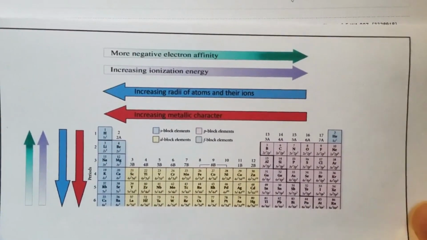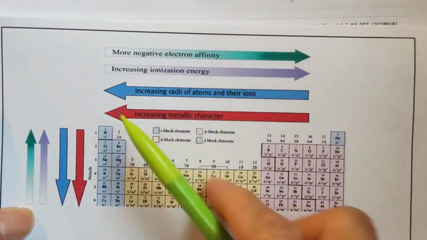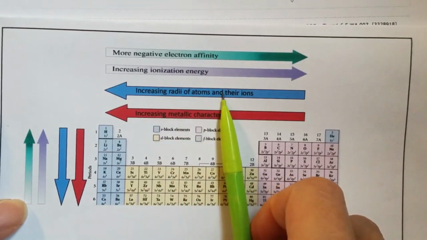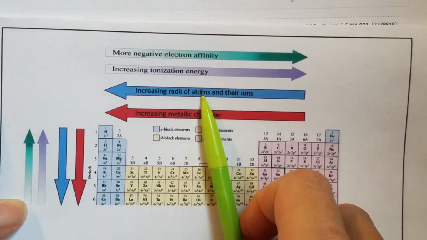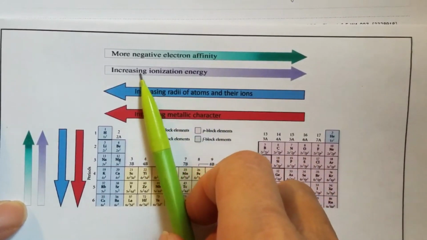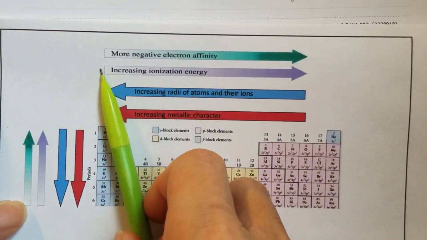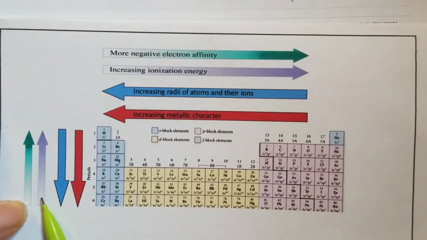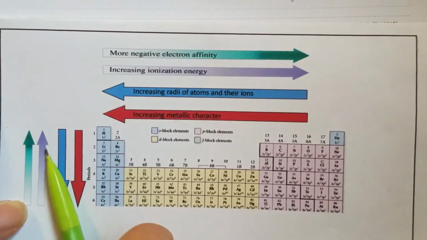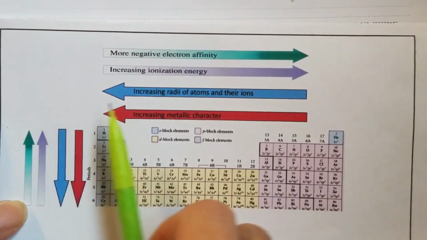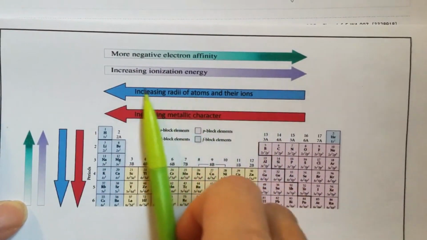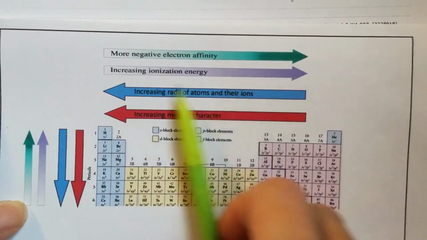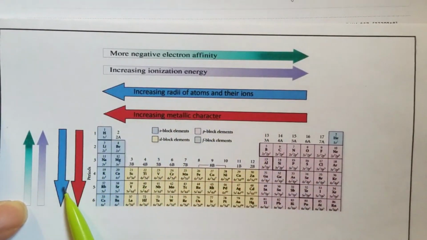Ionization energy, the trend is exactly the opposite of the radii of atoms or ions, okay? So let's say ionization energy. You see, it increases from left to right, from bottom to top, okay? It's exactly the opposite comparing with the radii of atoms or ions.